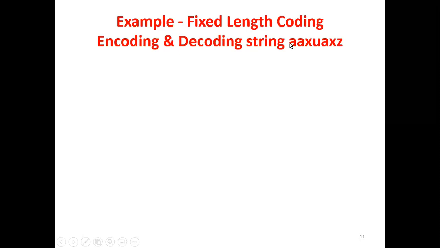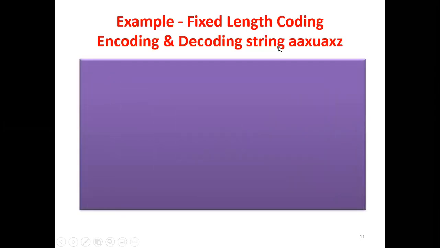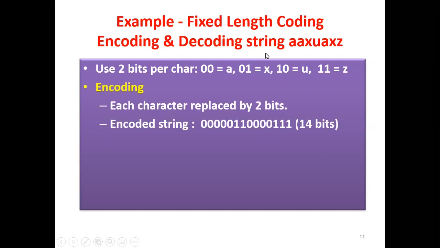We have been given a string here, and we want to see how we can encode and decode it. Now let's start. Each of these codes has been converted to 2 bits. How do we encode it? We encode it by using these 2 bits of the code to represent each character. For instance, we have AA, so we have 00 and another 00.